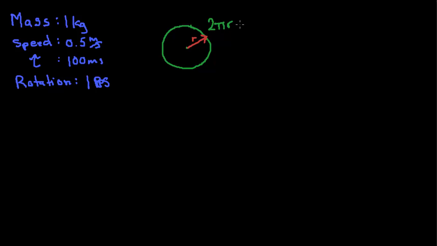Then all you have to do is come up with a desired spinning value, or the rotation speed for your motor. We'll designate that omega, and that will give you your linear travel velocity.